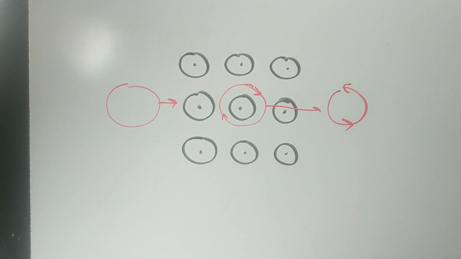So look for situations where you ask yourself, is the magnetic flux getting bigger or smaller? If it's getting bigger, point your thumb in the opposite direction. If it's getting smaller, point your thumb in the same direction, and then curl your hand. Your hand is going to be the way that the current is going to flow.